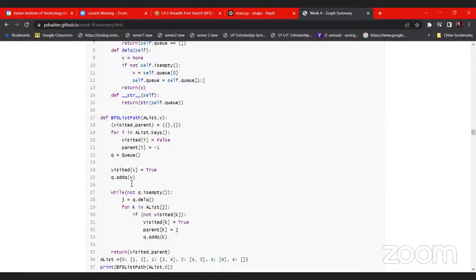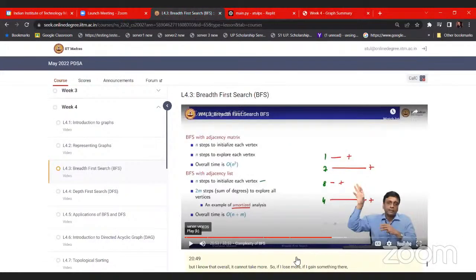Yeah, so this is the algorithm. While not visited. An example of analysis. In that term, I have to see the whole topic again.